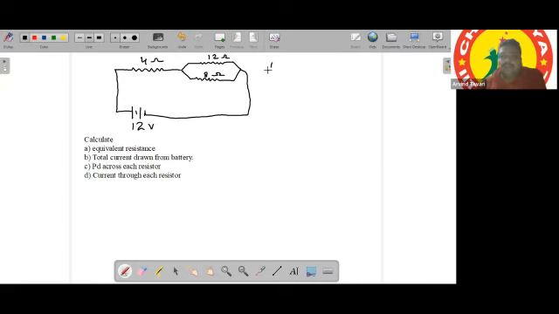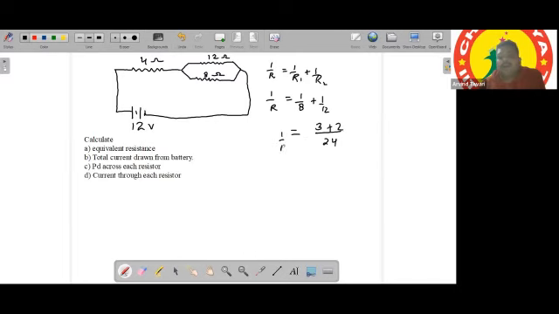If you are computing here 1 by R, so 1 by R equivalent is 1 by R1 plus 1 by R2. Most commonly we do complete up to here: 1 by R equals 1 by 8 plus 1 by 12. We take the LCM being 24. Here we will get 3 plus 2, that's 5.